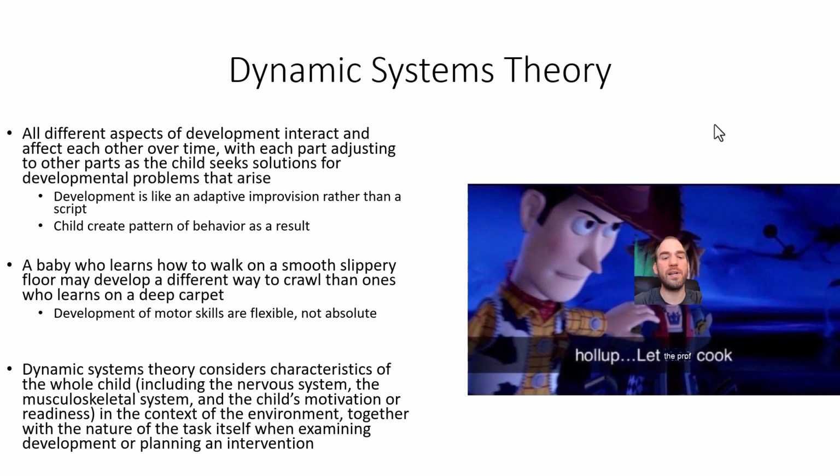Thus, when examining the child, their current stage of development, or how well developed they are given their age, it's important to keep in mind, according to this theory, not just the child's behavior that you're visibly seeing, but rather the child's motivation, their capabilities given their skill set of development, but also their nervous system, and in the case of walking, their musculoskeletal system. We must examine all these components together in order to get a fuller understanding of the child's development.